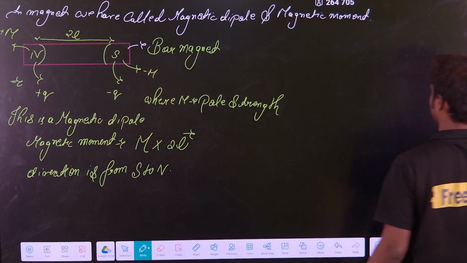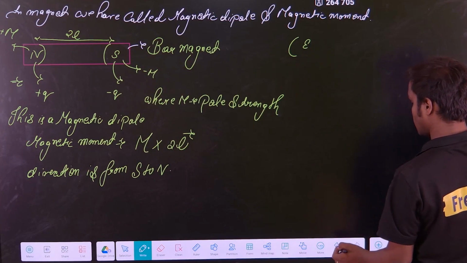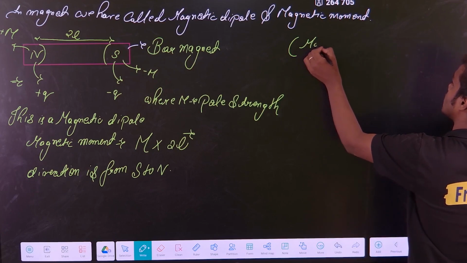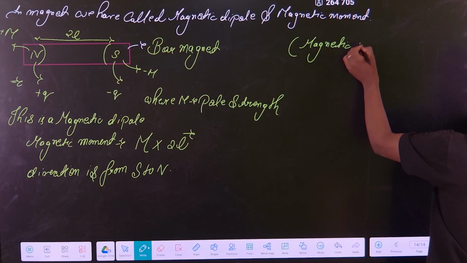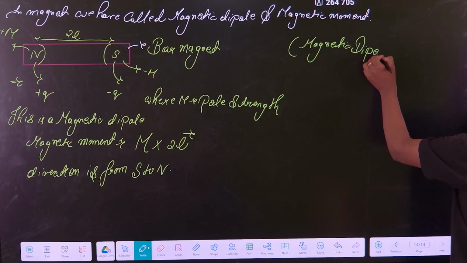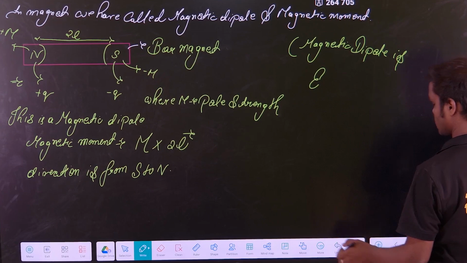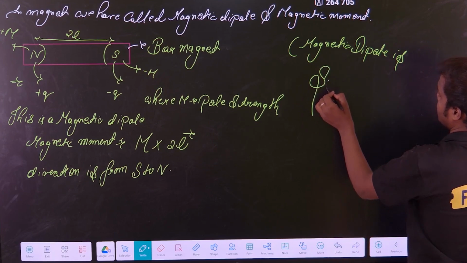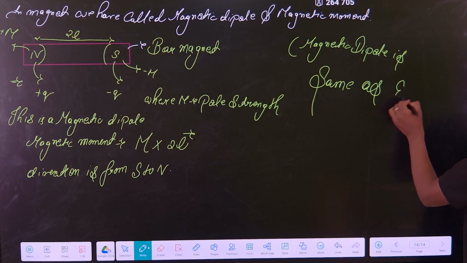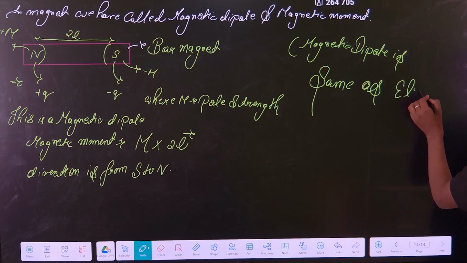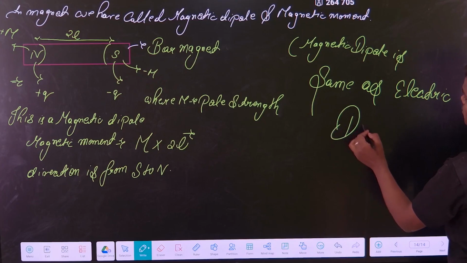Just remember one statement: a magnetic dipole is the same as an electric dipole.